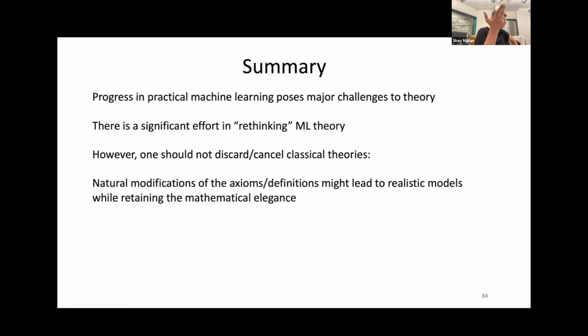You just change the order of quantifiers, you allow partial functions instead of total functions. And these very simple and natural modifications of the classical theory lead us to interesting landscapes that seem to resemble more what happens in practice, in the sense at least that ERM and uniform convergence are not universal anymore.